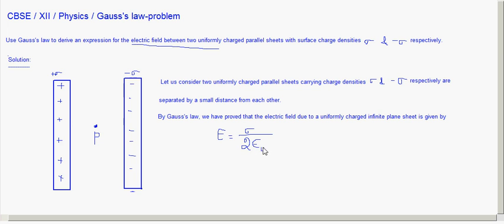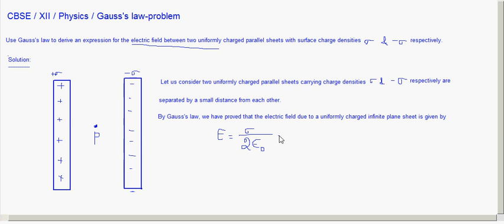So this we have proved. And this electric field is directed normally outward from the plane sheet if it is positive charge, and is directed inward if it is negative.